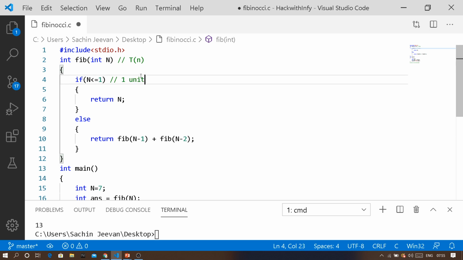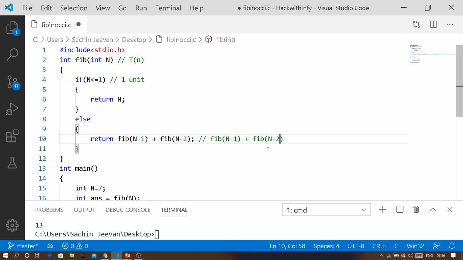Else, either the if condition body has to be working or else part. We know very well that comparing the if part and else part, the else part has the highest time complexity, so we can take this as Fibonacci of n minus 1 plus Fibonacci of n minus 2.